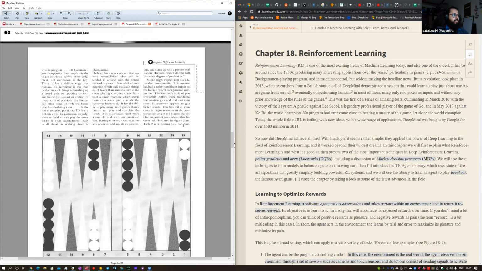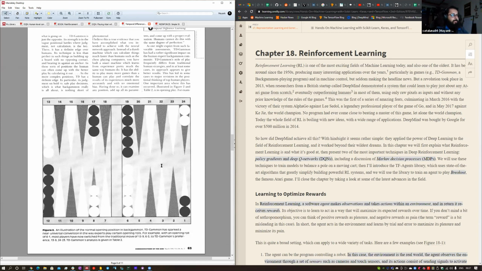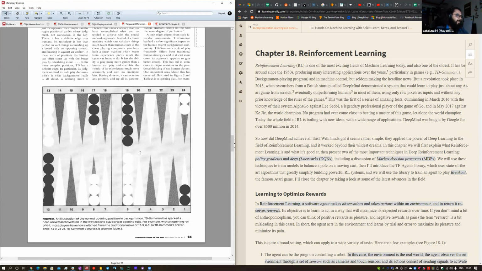Here, specifically in this game, you have to have some sort of pattern associated with it.